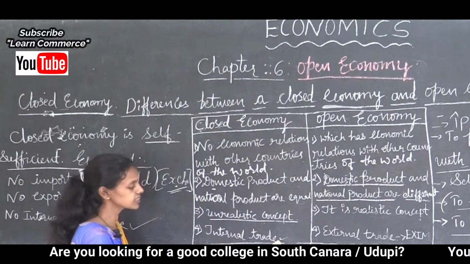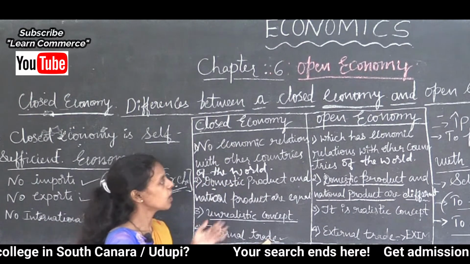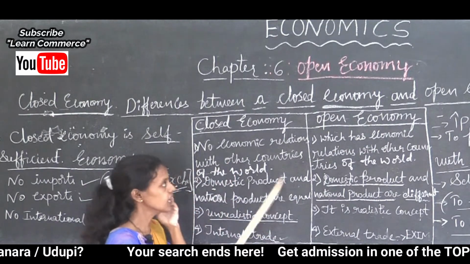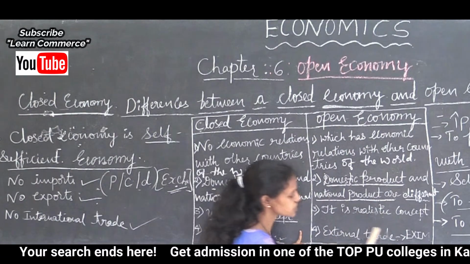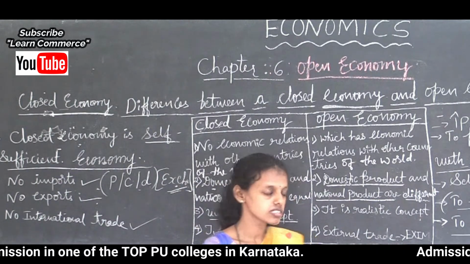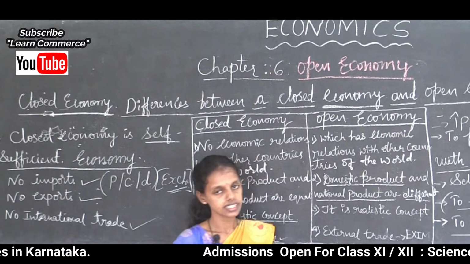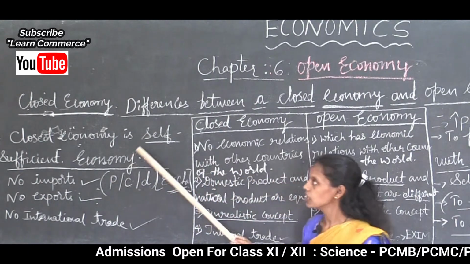Internal trade takes place in a closed economy, that is, trade within the nation's boundary, but in an open economy external trade takes place, which means export and import with other countries, with the rest of the world.